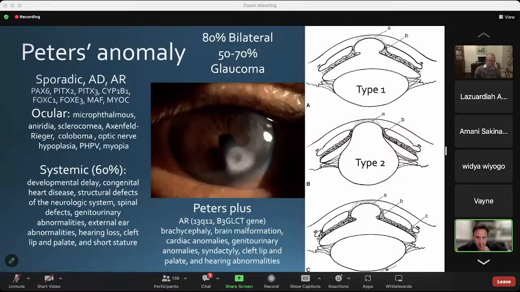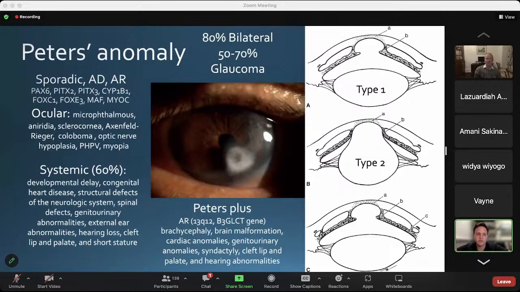Peters anomaly is another condition that has a high association with glaucoma. It's a bit of a mixed bag, and Peters anomaly is just more of an encompassing term to describe a phenotypic expression of a lot of conditions that are part of the anterior segment dysgenesis.